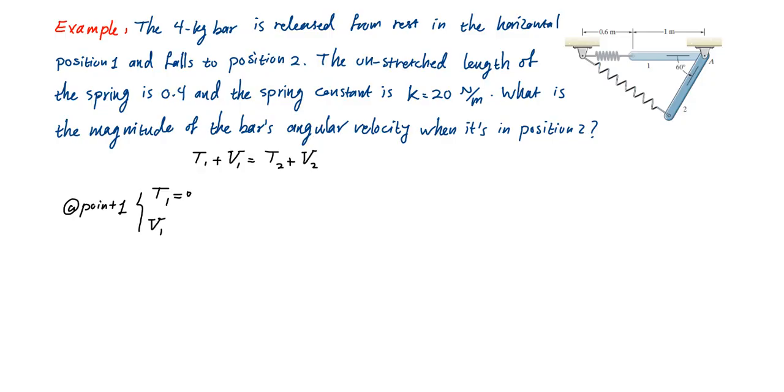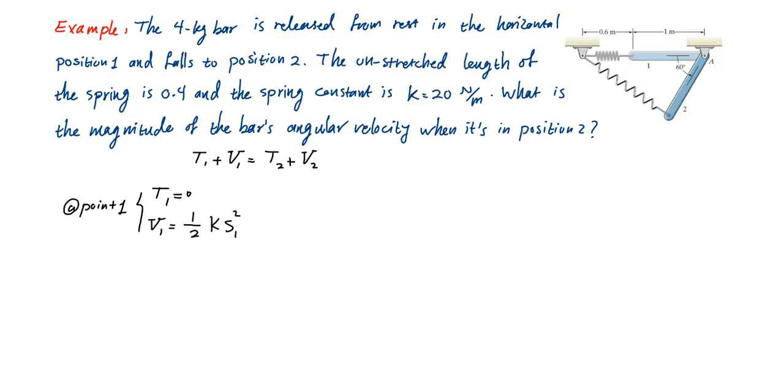V1 is 1 over 2 K S1 squared. How much is the spring stretched or compressed? We are told that the unstretched length of the spring is 0.4, and we see here that the length of the spring is 0.6, meaning that the spring is stretched 0.2 meters.